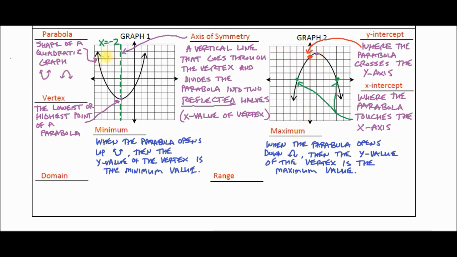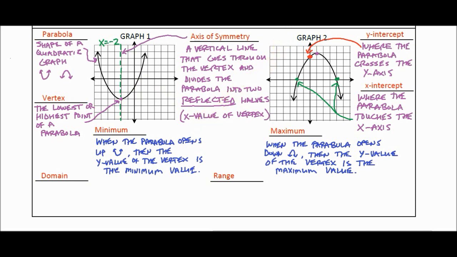And if this was a graph showing the depth of a submarine as it descends underwater over time, and the submarine dives and comes up in the shape of a parabola, the vertex would define the lowest depth, or the minimum depth, that the submarine reaches before it begins to come back up and surface. So there's our definition of maximum and minimum.